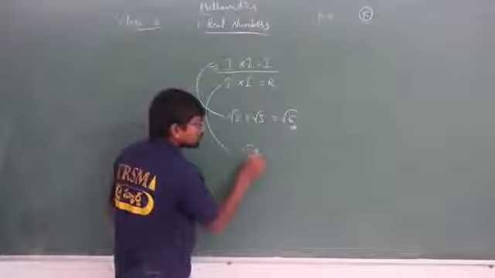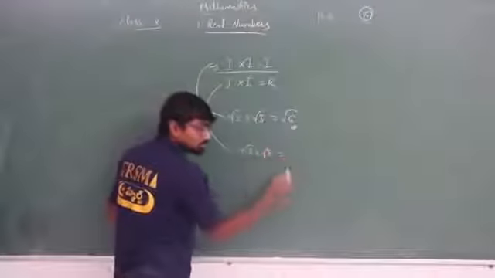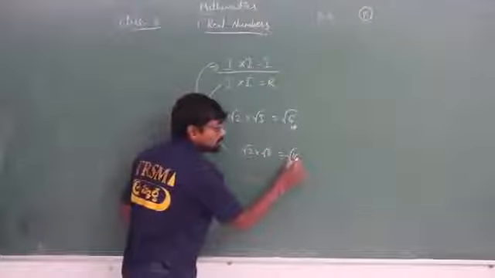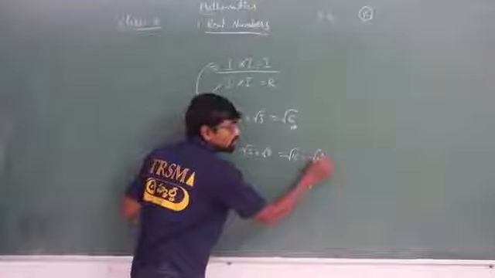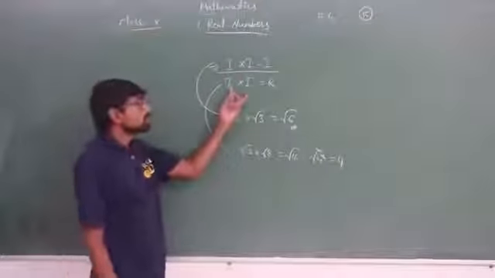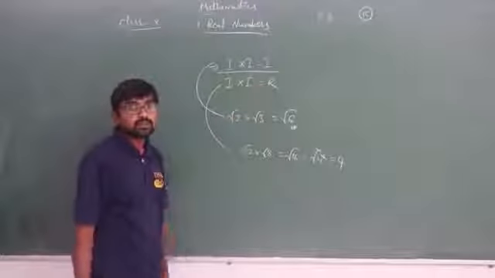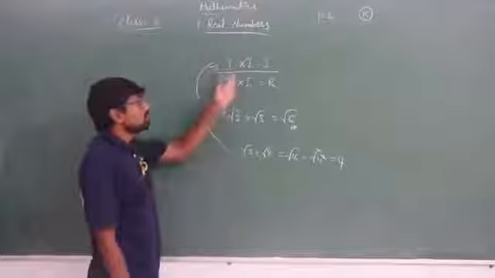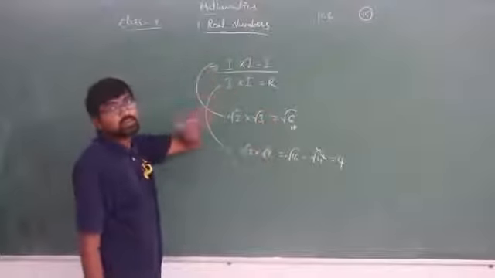Irrational into irrational, root 2 into root 8. You can take any example. If you multiply these both, you will be getting 16, that is 4 square, that is equal to 4. You can take this example. Product of two irrationals is a rational, isn't it? So this is how you can take an example and define that.